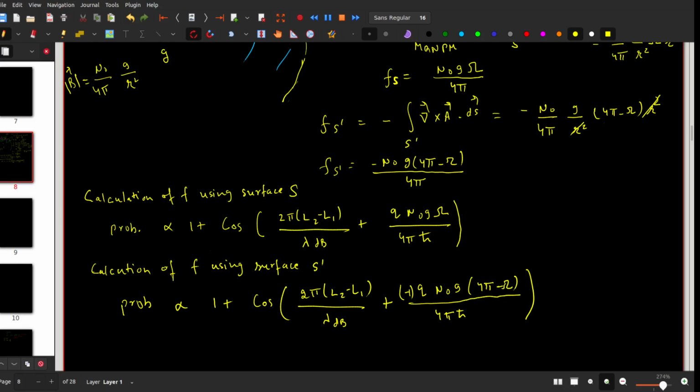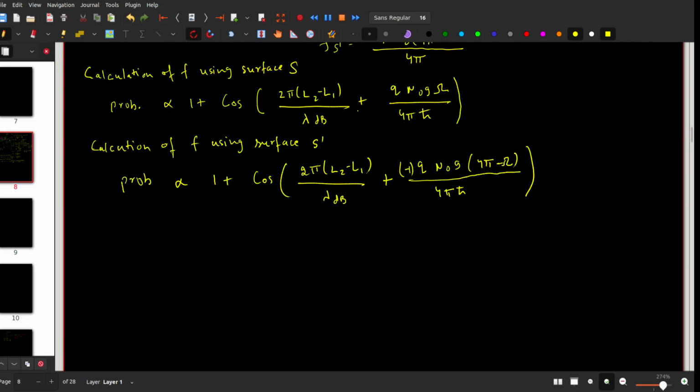However, in the experiment we must of course get the same result no matter which surface we use in our calculation. The result must be the same for the interference pattern. So the difference between these two phase differences must be an integral multiple of 2 pi.